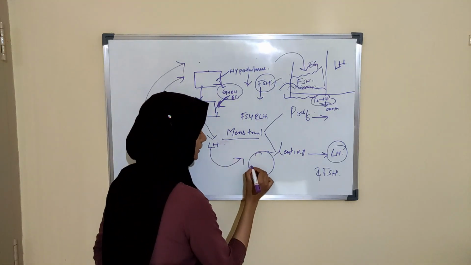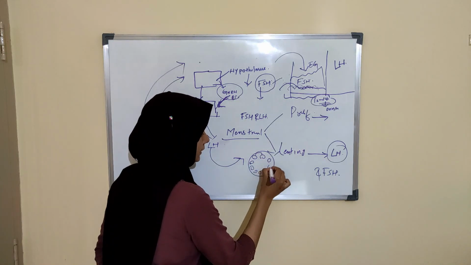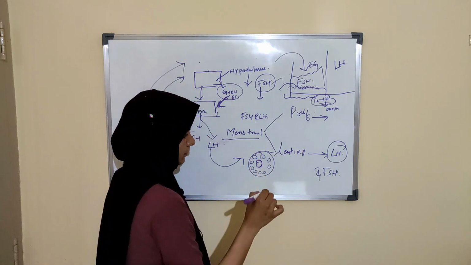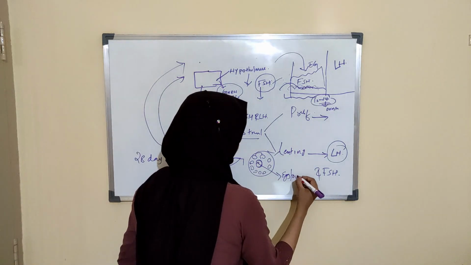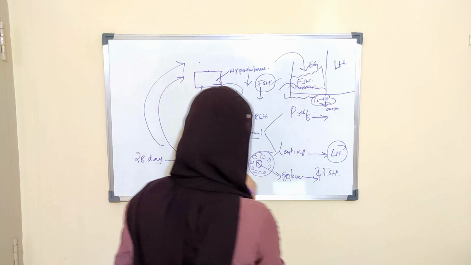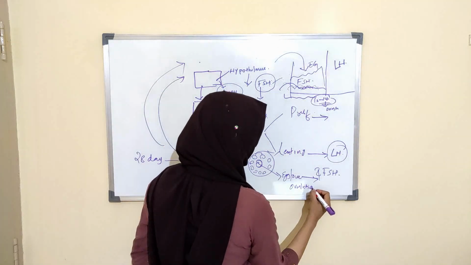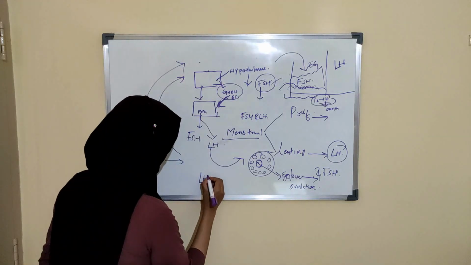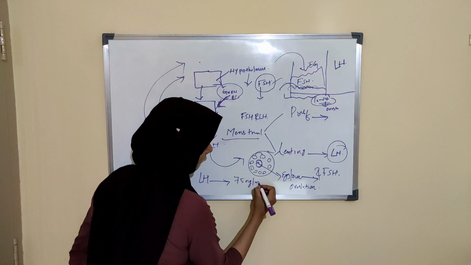Inside the ovary there are many immature follicles and one mature follicle. From that, the egg, or ovum, is released during ovulation. So what is the peak level of luteinizing hormone during ovulation? That is 75 nanogram per ml.